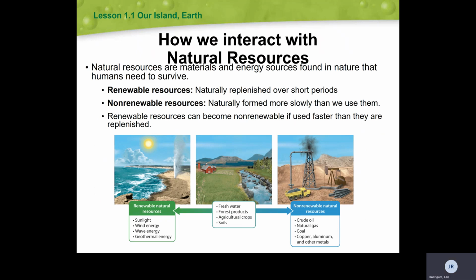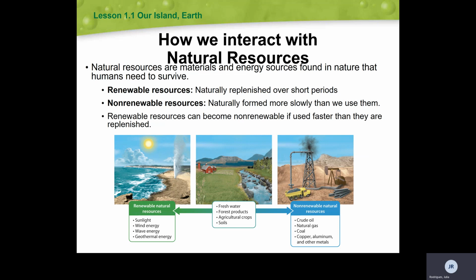We're also having an interaction with natural resources. Natural resources are materials that we find in nature and things that we need, like water. Oil is considered a natural resource. Things like that we can use to survive. Renewable resources are naturally replenished over short periods, whereas non-renewable resources are naturally formed more slowly than we use them.